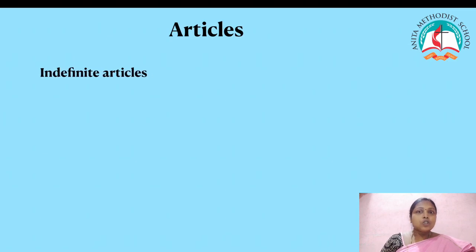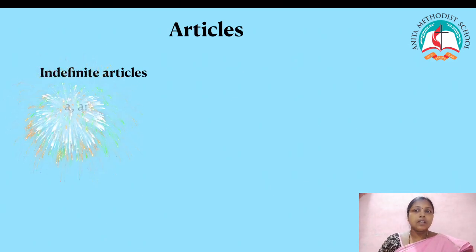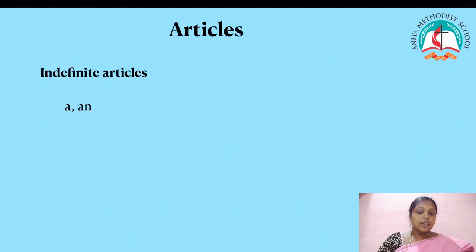There are two types of articles: indefinite articles and definite articles. What are indefinite articles? A and an are indefinite articles. Why are they called indefinite articles? Because they can be used anywhere.